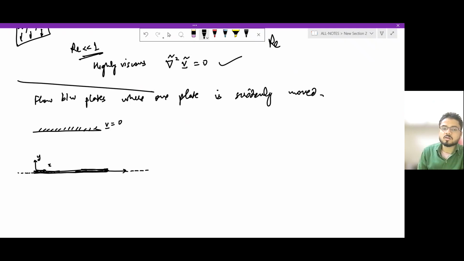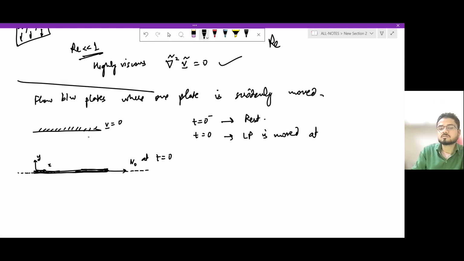This is suddenly imparted a velocity of v naught, let's say, at t equals 0. At t equals 0 minus, the entire system is at rest. At t equals 0, the lower plate is moved at a constant speed of v naught.